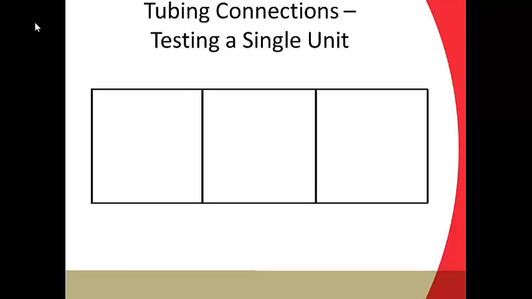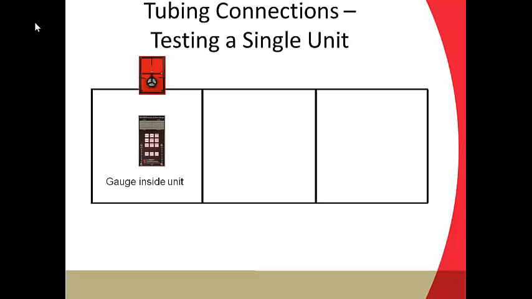So now we'll talk about our tubing connections. Now we're kind of getting into the setup. We talked about where we set up fans, but now how are we going to make our tubing connections, and then after that we'll talk about making cabling connections if we're doing automated testing.